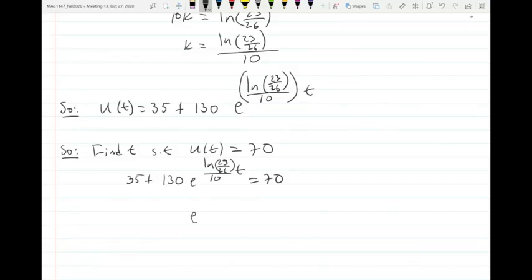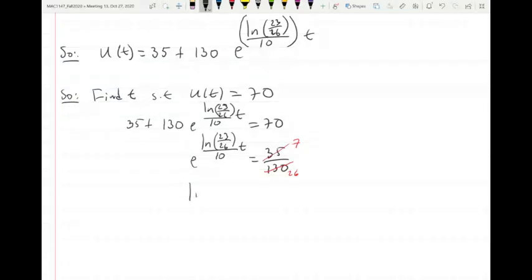Let's see, I'm gonna do this a little bit quicker now. So it's gonna be equal to 70 minus 35, that's 35, divided by 130. You can simplify. So divide 35 by 5, that's a 7. Divide 130 by 5, so 26.